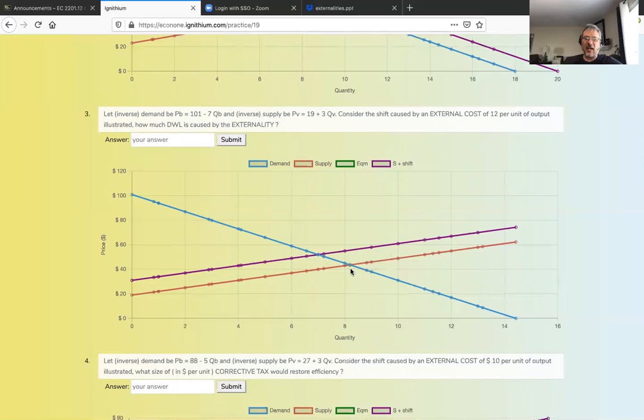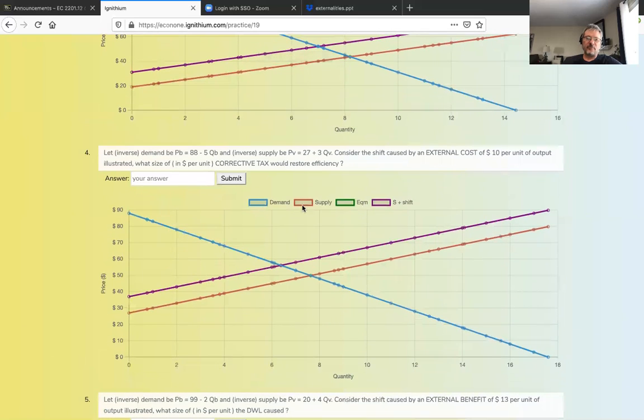You can find the base of that triangle, and you know that the distance between the two parallel lines is the amount of the externality. In this case, it's 12. So the base is going to be 12. And then the height of the triangle is going to be the difference between the socially optimal quantity and the market quantity. That gives you 1/2 base times height. That's what you guys need to focus on.